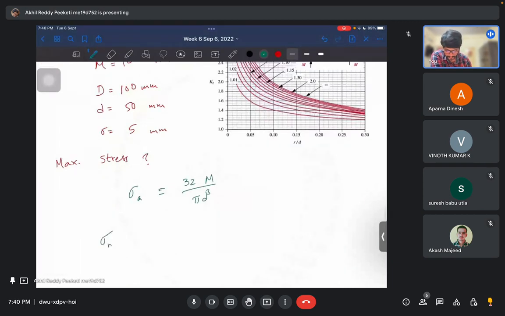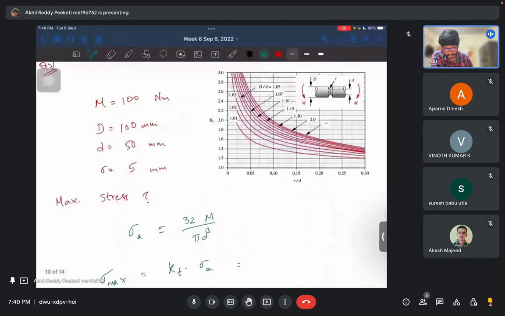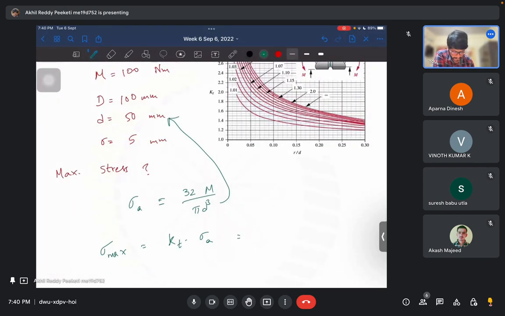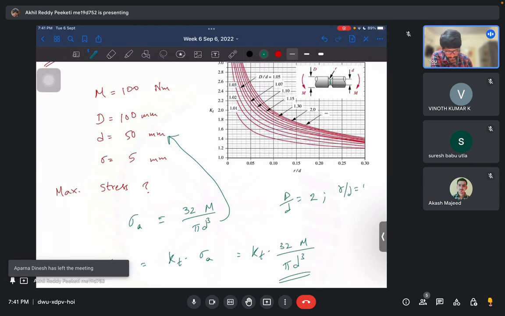Similar to the earlier answer, the maximum would be again Kt into this sigma a, and this maximum will occur in the smaller dia region again. So this d should be the smaller dia. So Kt into 32 M by pi d cube. Again D by d is 2 and R by D is 0.1.